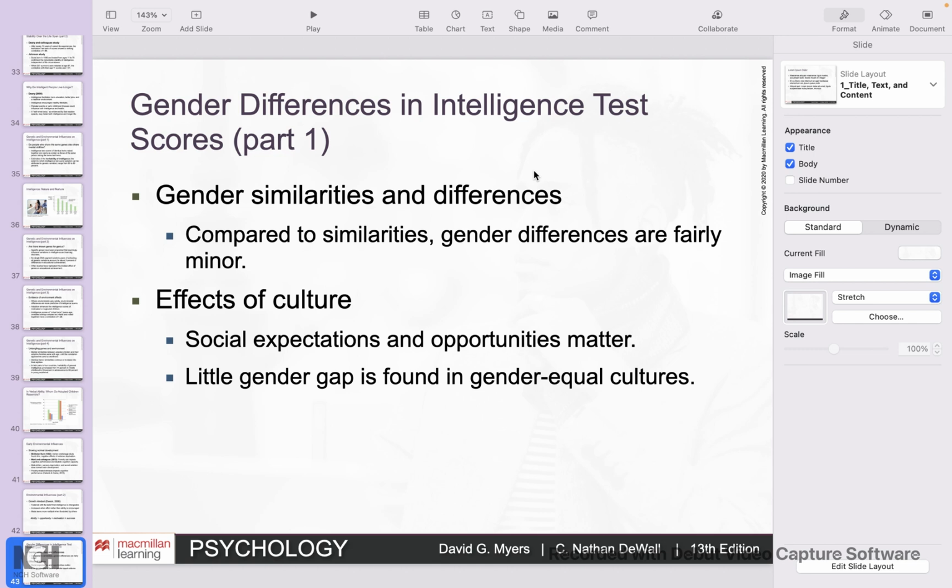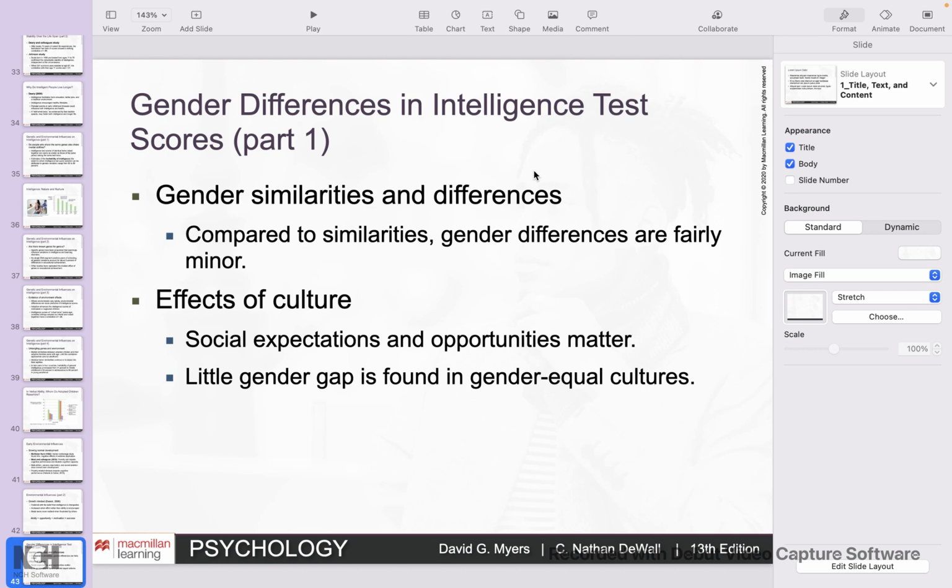But where we see gender differences really flourish is when it relates to the effects of our culture. It's social expectations and opportunities that really matter, and only a little gender gap is found in gender-equal cultures.